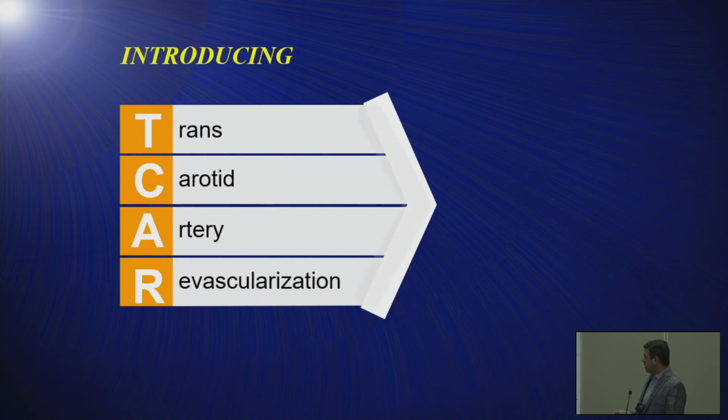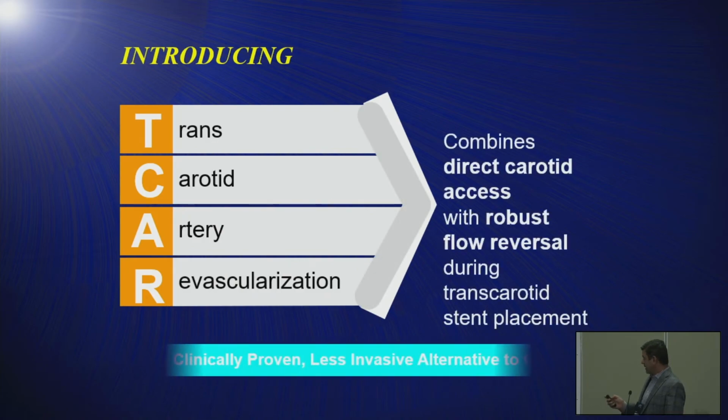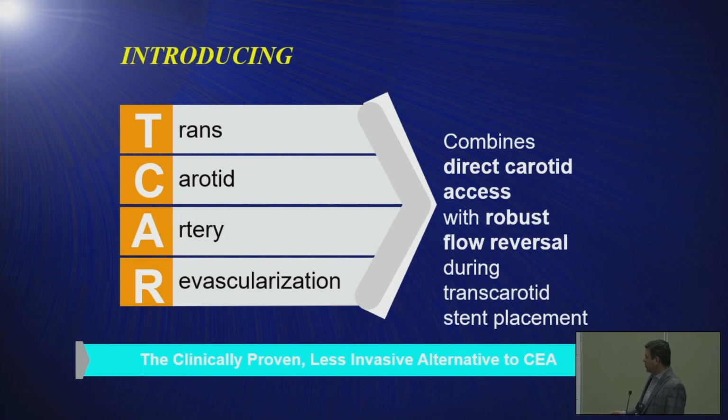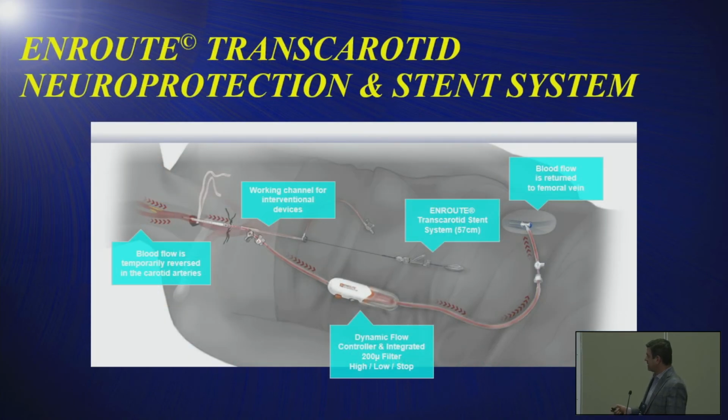It's transcarotid artery revascularization, and it combines a couple things. It combines the direct carotid access with a strict high-grade flow reversal during the placement of that stent. And so what happens is, if this is the carotid lesion, you have a little catheter that sits right here.